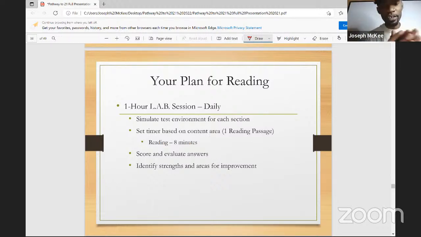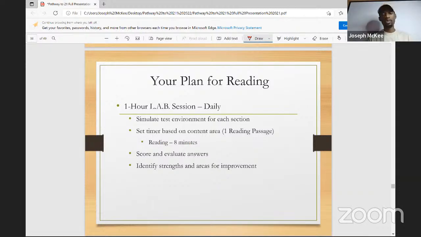So now this is where it gets real interesting. If we have to get 20 to 22 questions right, that means we need to be getting 5 questions right out of 10. So 5 out of every 10, 5 times 4 is 20. That gives us 20 questions.